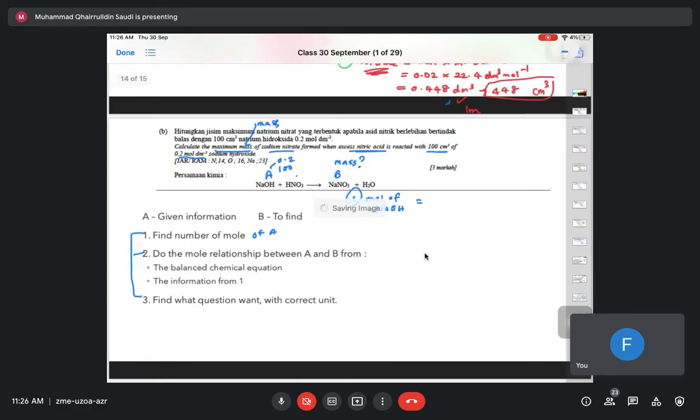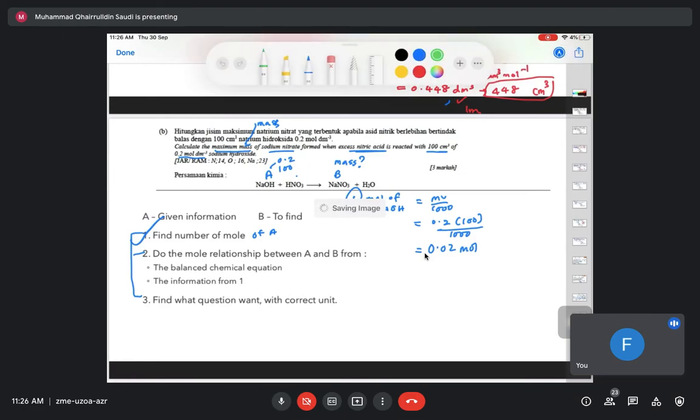MV over 1000. Good. So M is 0.2, V is 100 in cm³, so we need to divide by 1000. 0.2 times 100 divided by 1000 is 0.02 mole. Now we have number 1.